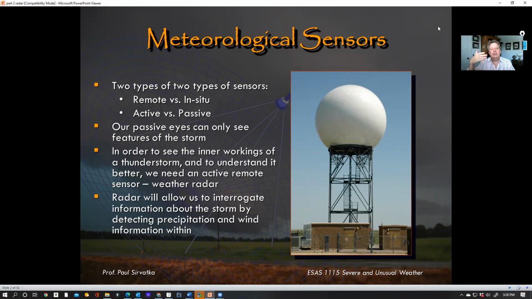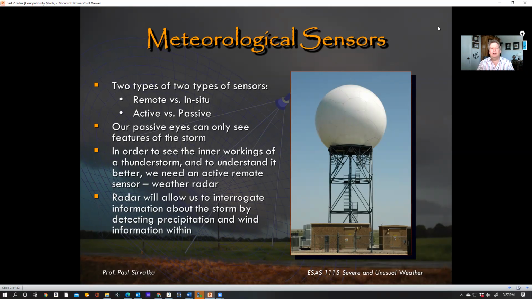He could hear the difference in how far something was away. It was an amazing ability that he developed without having visual senses. So that would be using hearing as an active sensor. But for most of us, we just go, oh, I hear that, and that's what we've got.